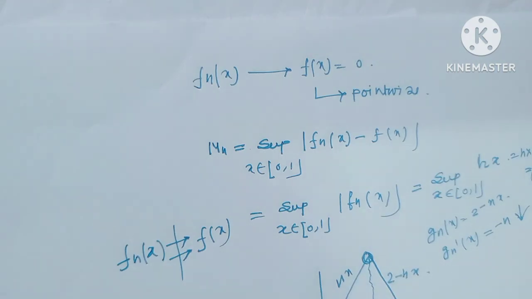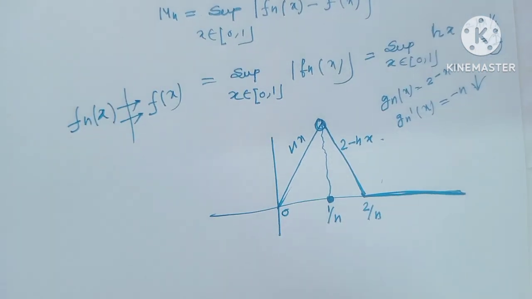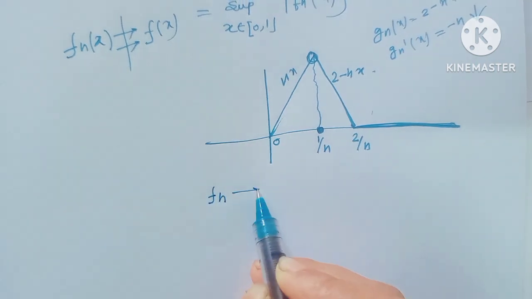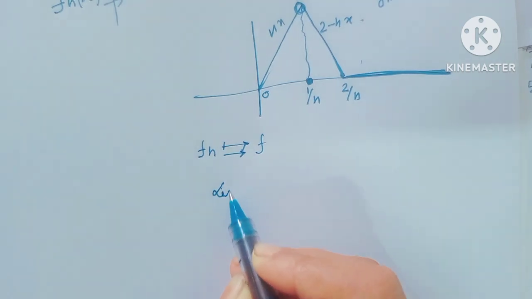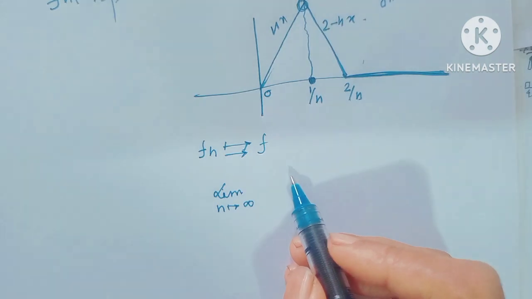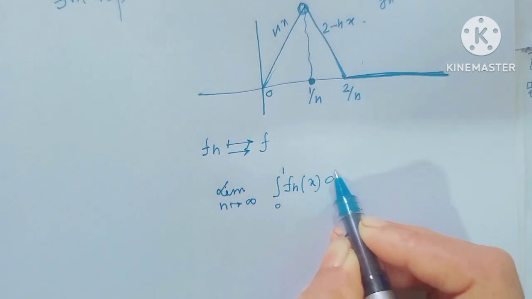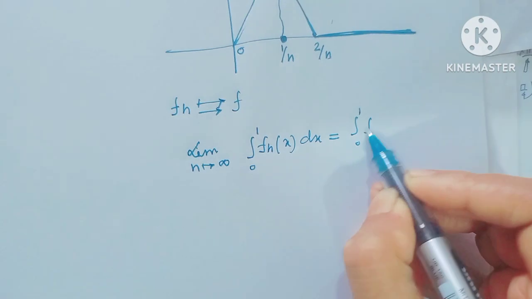To check uniform convergence, here I have used the Mn test. Another method is, we all know, if fn converges to f uniformly, then the limit as n tends to infinity of the integral from 0 to 1 of fn(x) dx is always equal to the integral from 0 to 1 of f(x) dx.